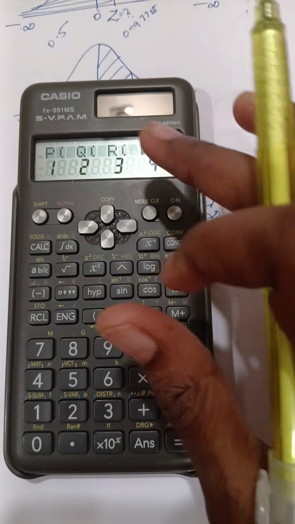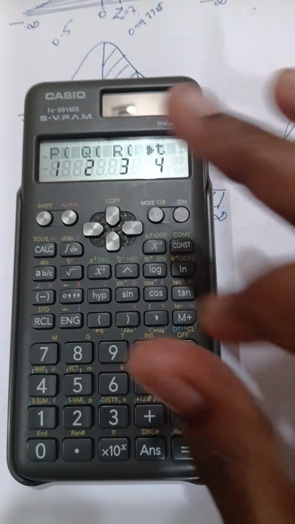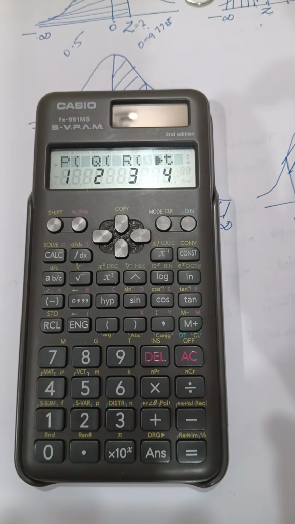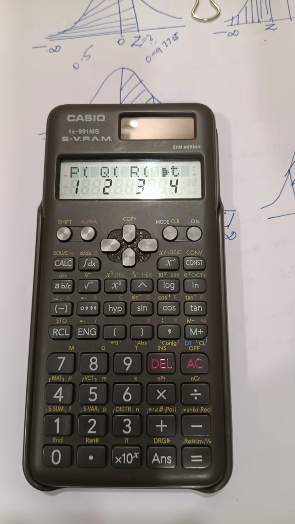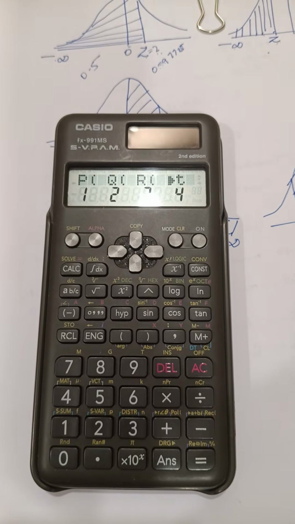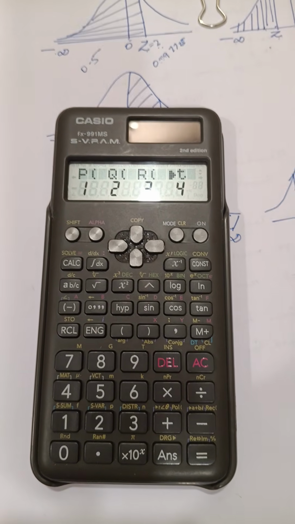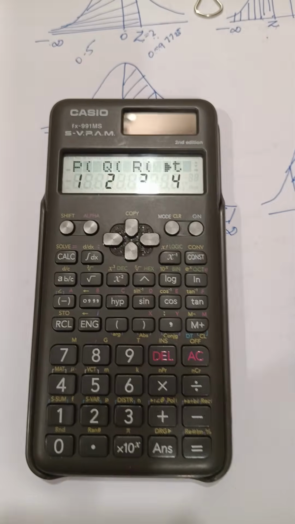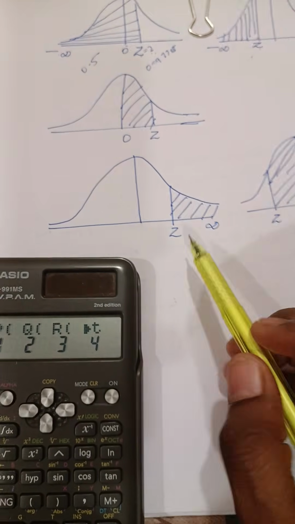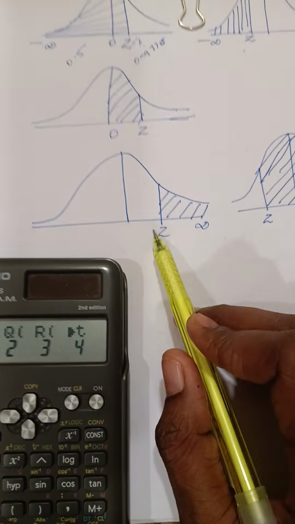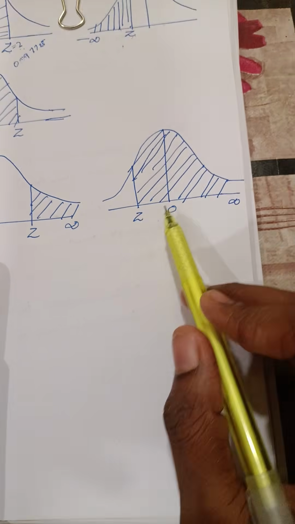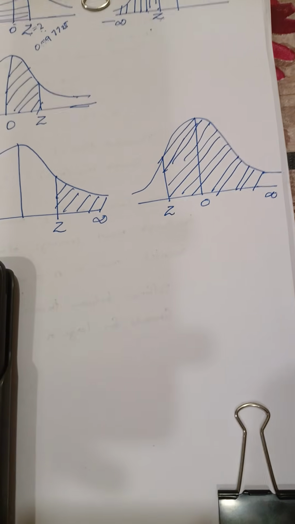Again, I am pressing shift and button 3. There is one function which is R of. R of gives you probability from Z to infinity, or area under the standard normal curve which is on the right side. So that is probability from Z to infinity. Whether Z is on the right side or on the left side, you can find the probability.